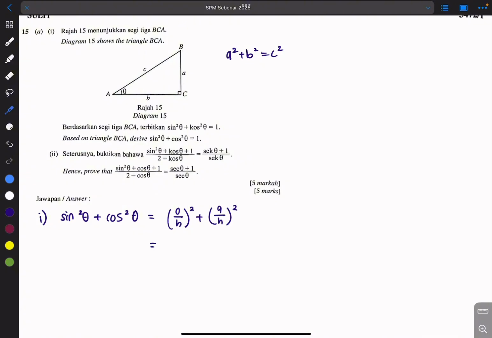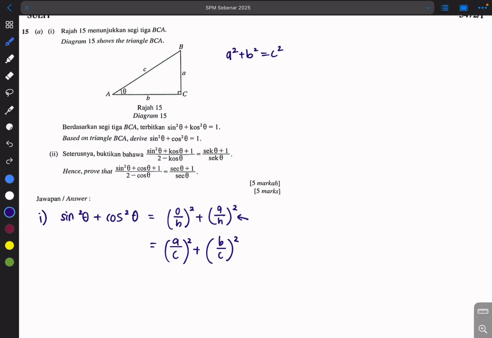Here our opposite is A, hypotenuse is C. So A over C squared. Adjacent would be B, hypotenuse is C. So B over C squared. This one is just formula, don't get confused with this A. That A and this A is different.